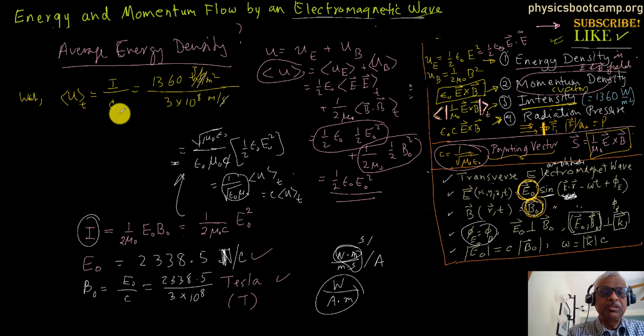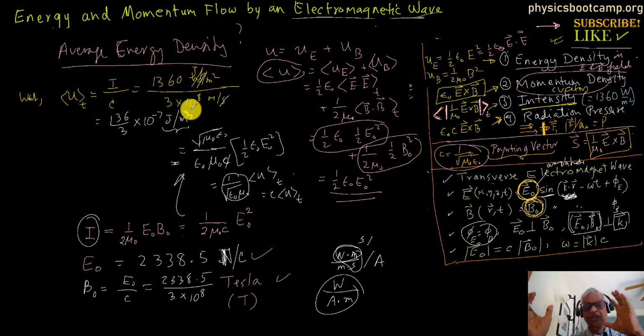So this is going to be 1360 over 3 times 10 to the 8, joules per meter cubed. So that's the energy density.